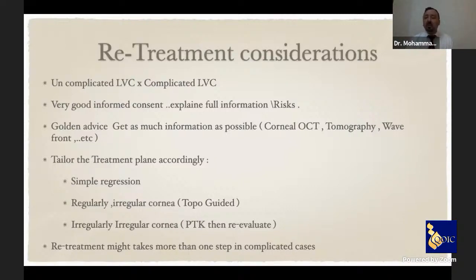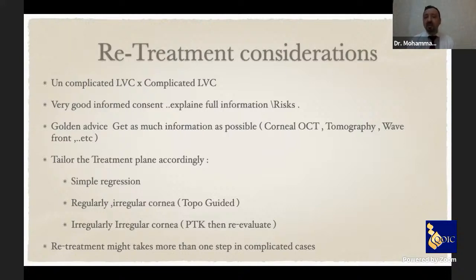We have to do topography, tomography, aberrometry, and even HD analyzer. Try to get as much information as possible from the cornea and the eye of this patient.